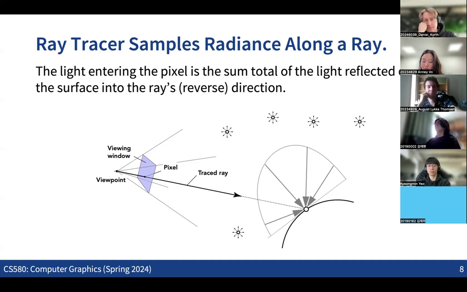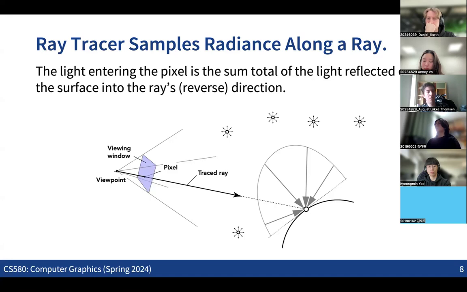The basic idea is that when you have the radiance information for all the incoming lights, they are already collected at a certain point of reflection over the surface. Based on that, we will be able to update the radiance information for all the outgoing directions.